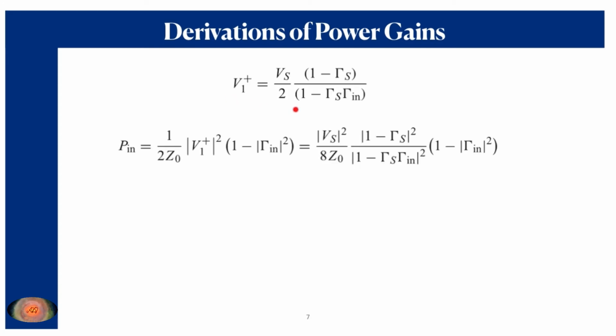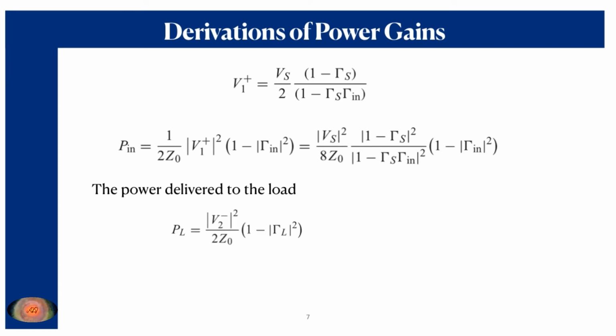Now, with the expression obtained for V1 plus, the P in, which I have already defined as the average power delivered to the network, can also be written by replacing this expression of V1 plus over here, and this should be the final equation for P in.